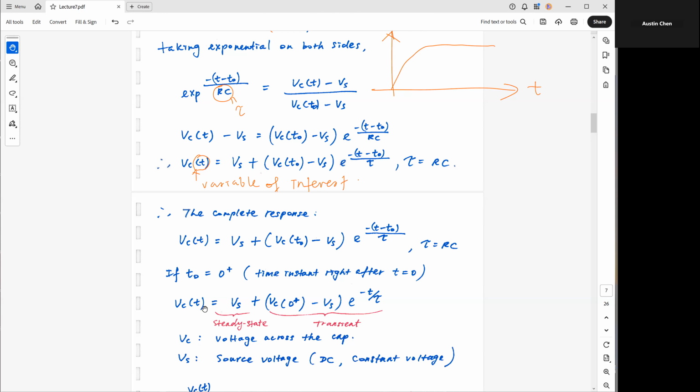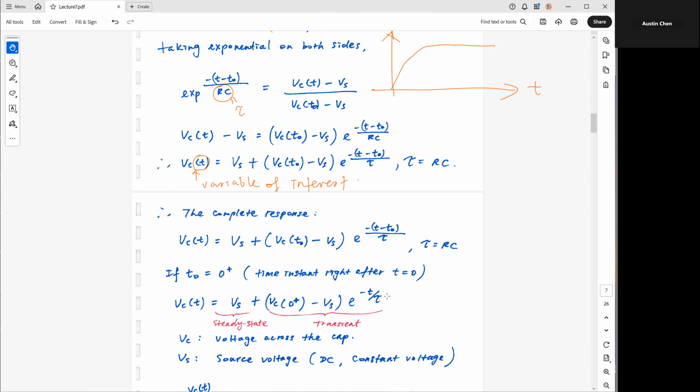So Vc of t is equal to Vs plus Vc at 0 plus, or Vc at 0, minus Vs, times this exponential function. So when t0 is equal to 0, t minus 0 is just equal to t. So I only have t over here, so minus t over tau.